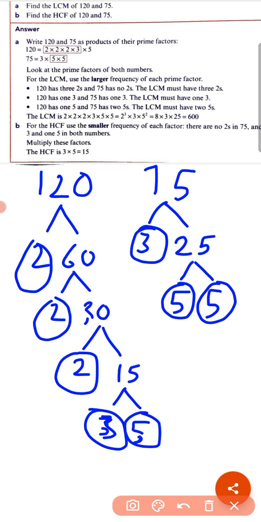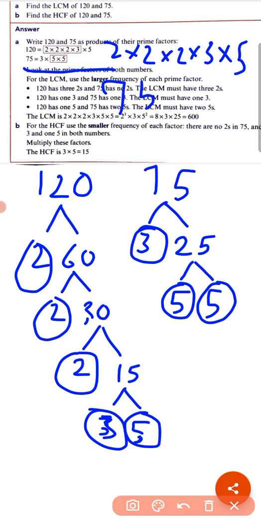Now children, 120 is equal to 2 into 2 into 2 into 3 into 5. Then 75 is equal to 3 into 5 into 5.